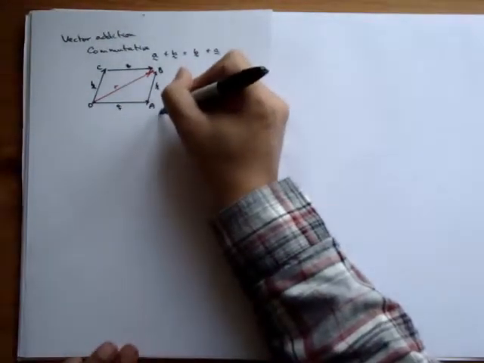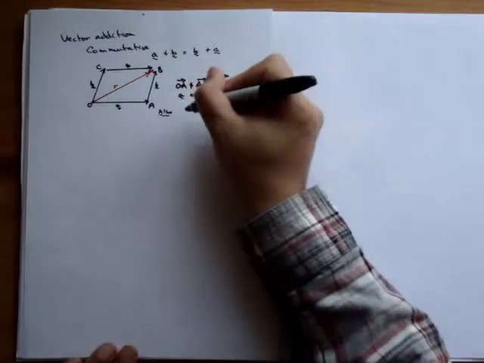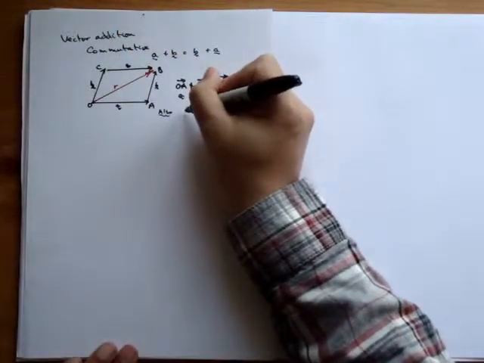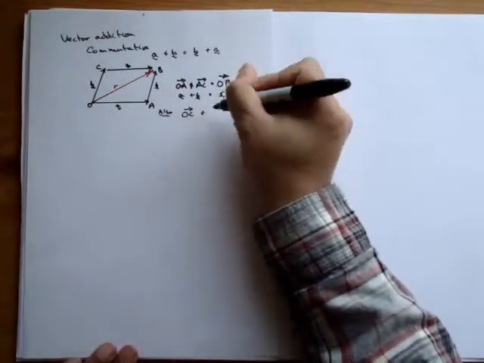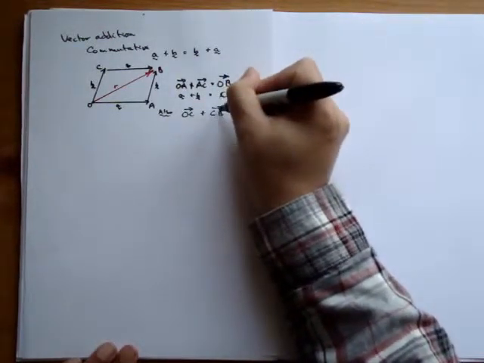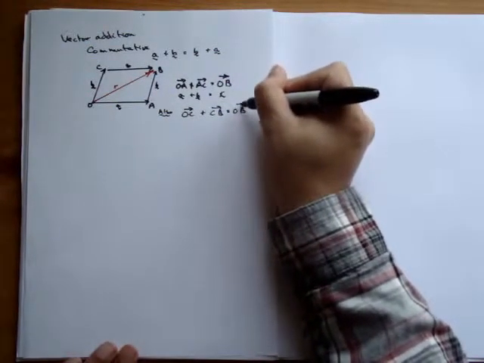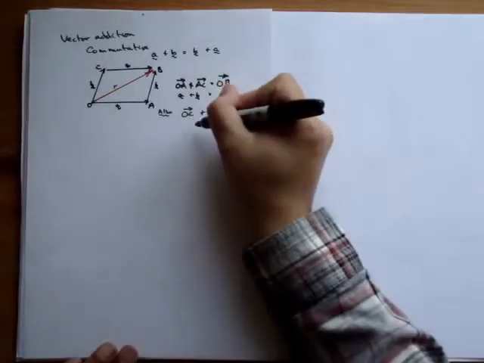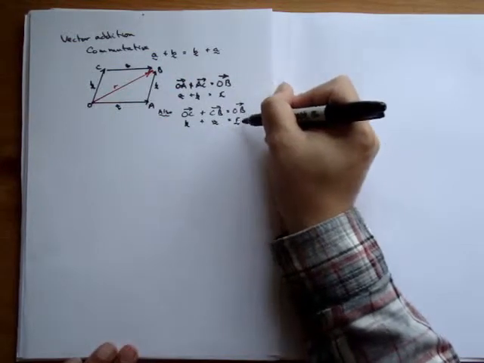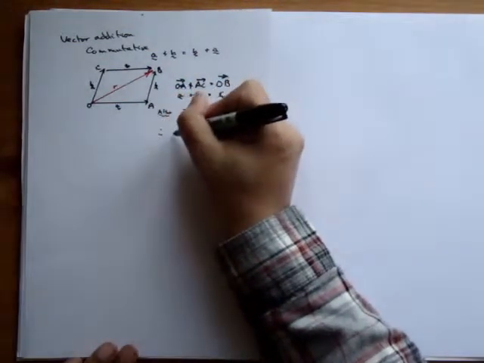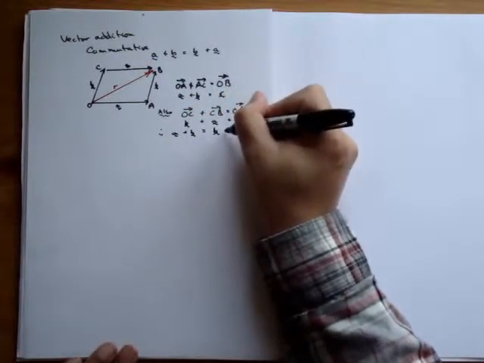And also, for proving this commutative property, we have OC, which is B, plus CB, which is A, also equals OB. So this means that B plus A equals R. Therefore, A plus B equals B plus A.